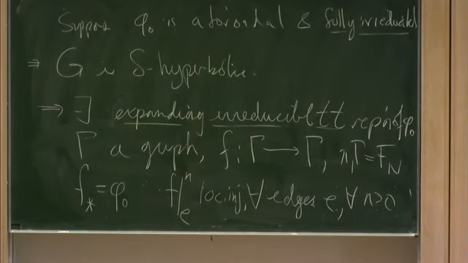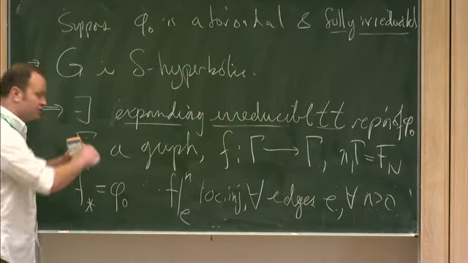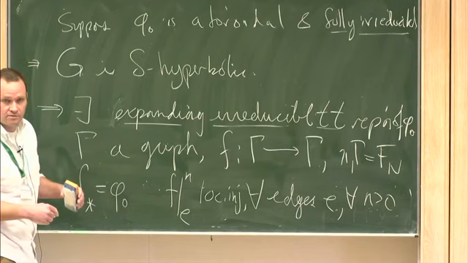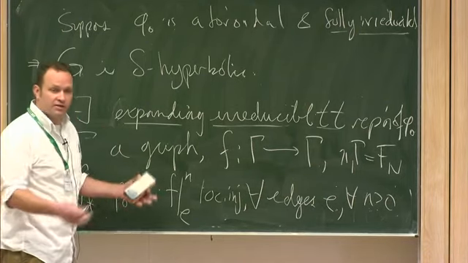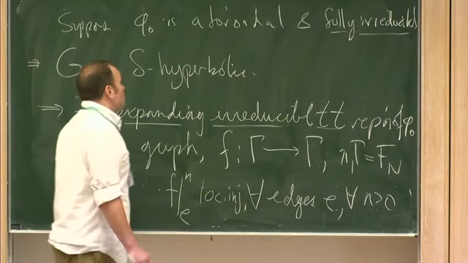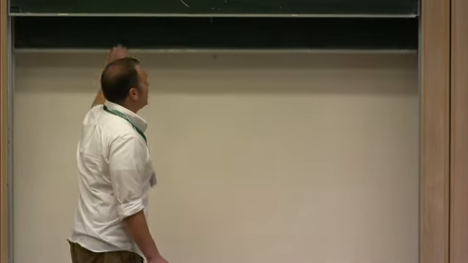So that means just that when I apply the map F to this edge, it goes to some edge path, and there's no backtracking. And then if I apply it again, it goes to some longer edge path, and there's still no backtracking. Apply it again, and again, and again. So that's the train track condition.